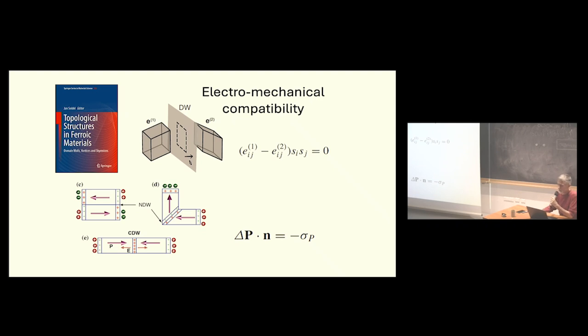Then I think it's worth mentioning a little bit that, especially in good ferroelectrics, we have large polarization and they are insulators. There was already discussed that ferroelectrics like to avoid the depolarization field, so domain walls have to be compatible. In addition, a little more complicated is the condition of mechanical compatibility.